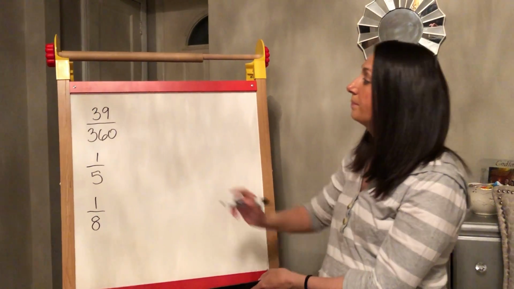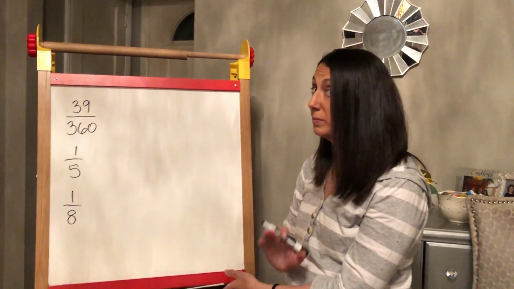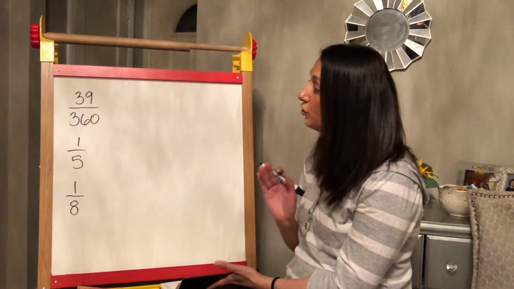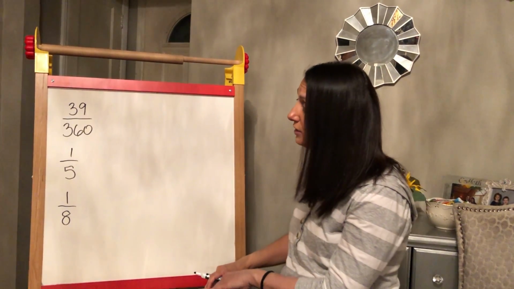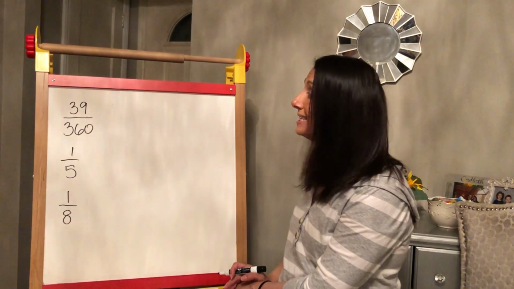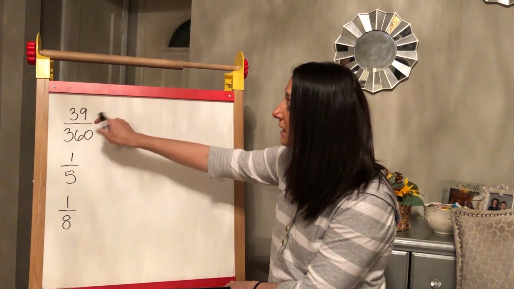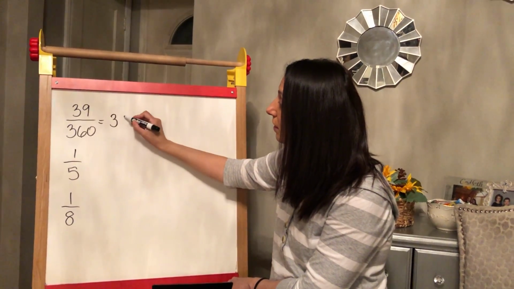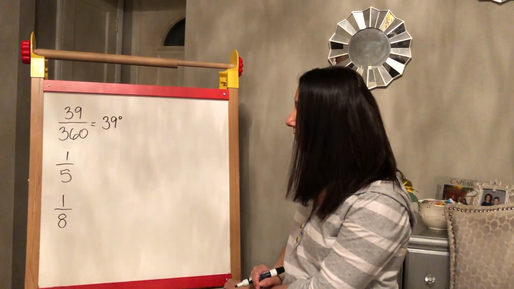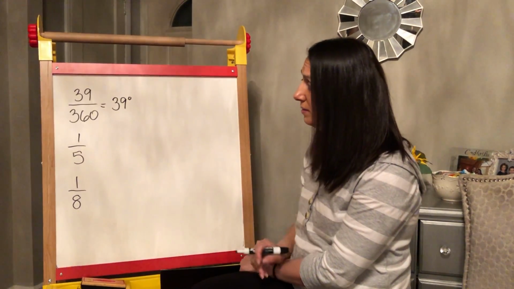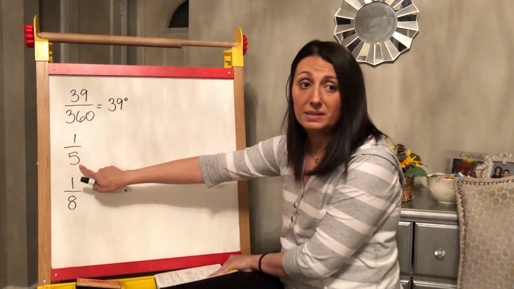Let's look at these. So the first one, remember, I always want my denominator to be 360. On this first one, my denominator is 360. So this is an easy problem. All I have to do is take the numerator, write it down, and that's how many degrees this is. Okay. For this next one, I see the denominator is 5.